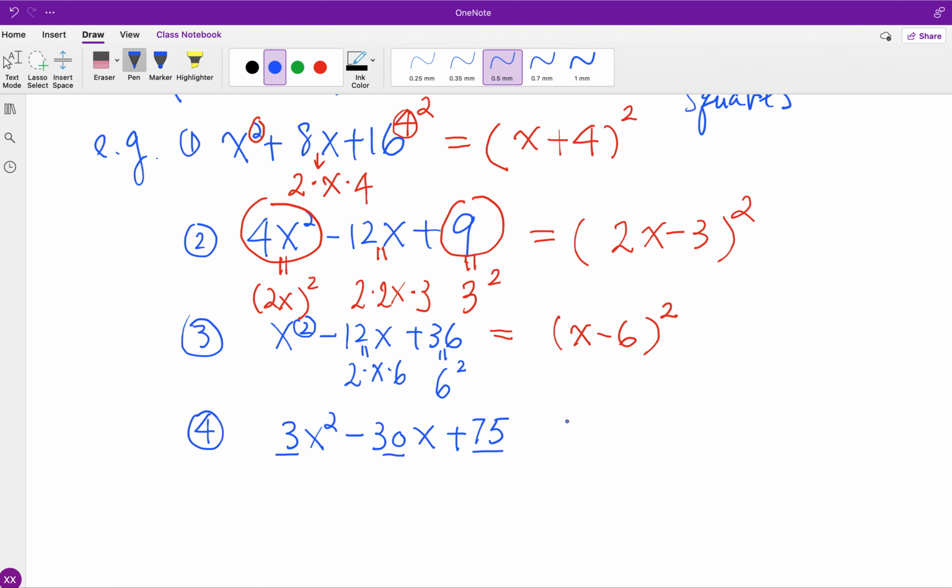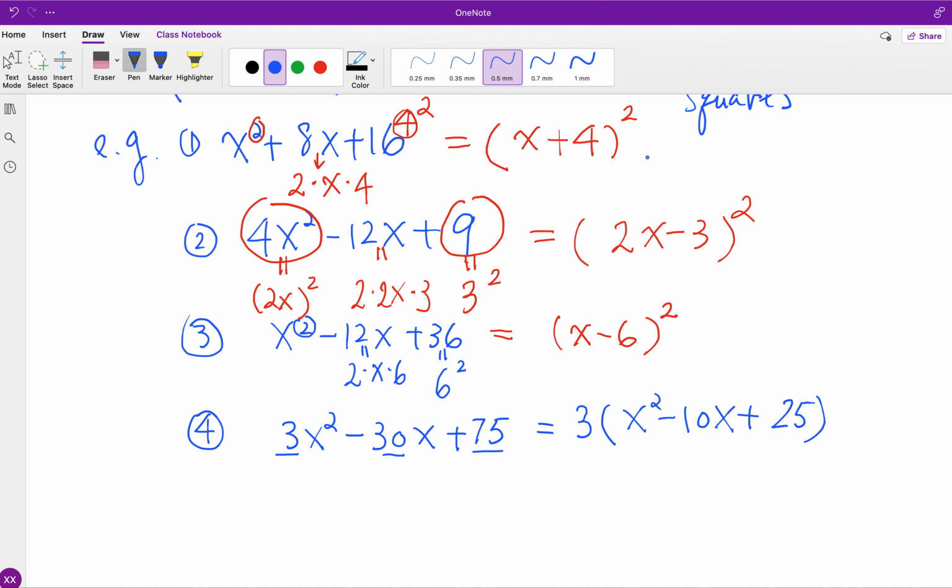So let's factor that out, because this is not a perfect square. But believe me, if you factor that out, you will see the perfect square. So factor out the 3, then you have x squared subtract 10x plus 25.